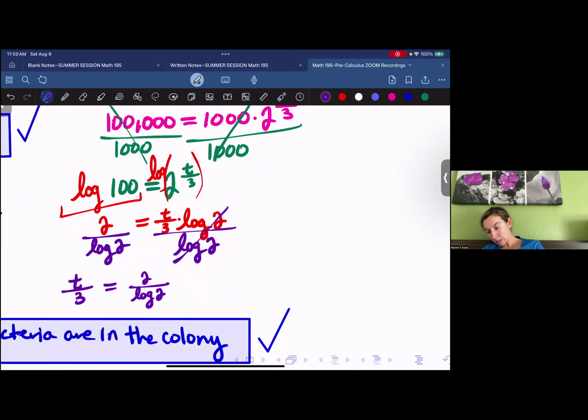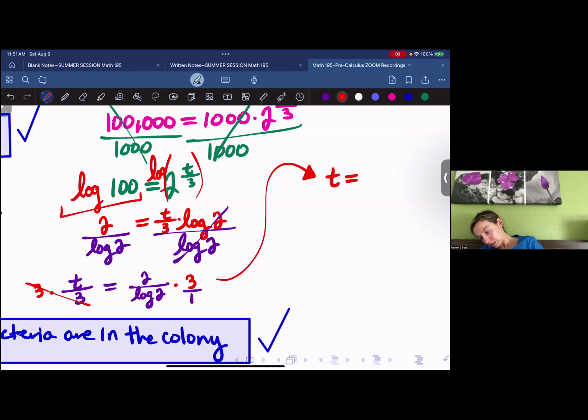And then last but not least, we're going to multiply both sides by 3 so that we can get t all alone. 3 as a fraction is just 3 over 1, which tells us that our t, in exact terms, 2 times 3 is 6, is just 6 divided by log of 2 hours.